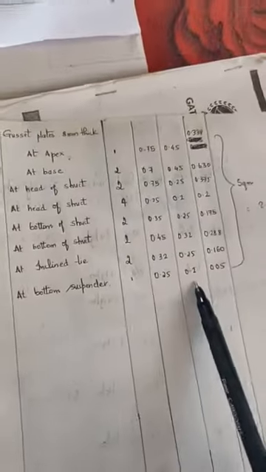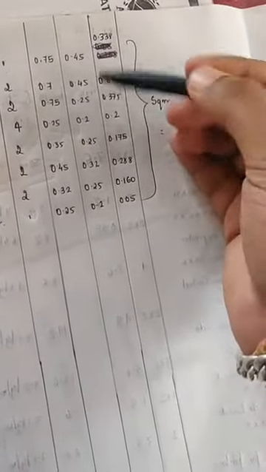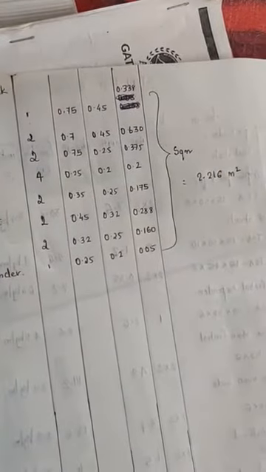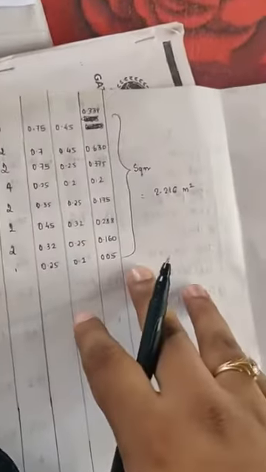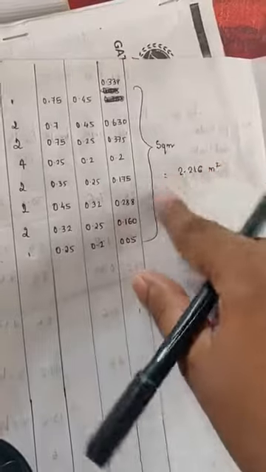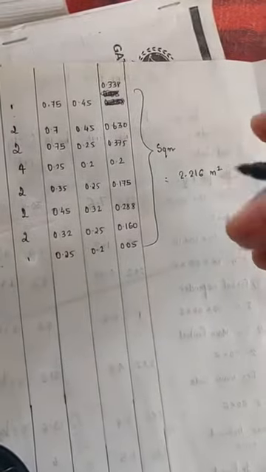So 0.25 by 0.2. Okay, so the main part, when you calculate these quantities, this is in meter square. But generally when we calculate the weight of the steel in kgs, we have the density of steel, right? So you remember only one thing. But since we have calculated this in meter square, we need to multiply something to get this in kg.